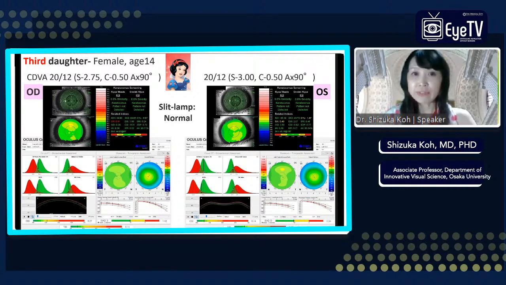Generally, FFKC might refer to the fellow eye of a manifest keratoconus that has no clinical sign or any significant topographic change. But I think that the term bilateral FFKC could be proposed, especially for this case. However, definitely we need long-term follow-up.